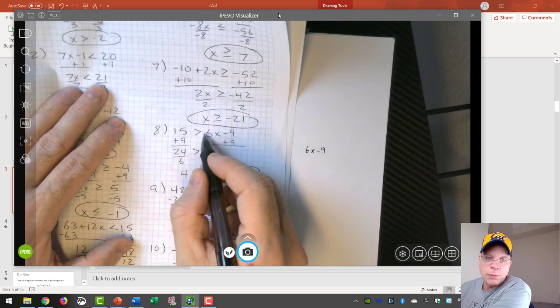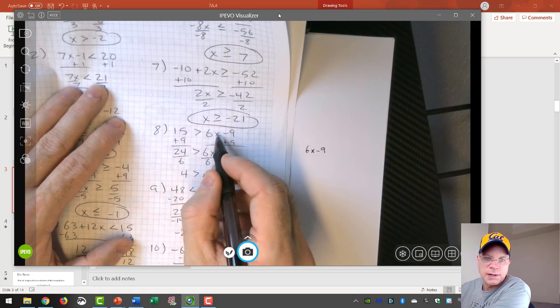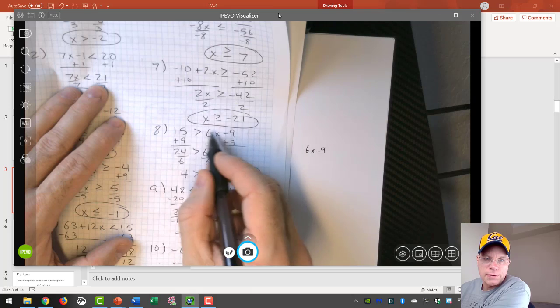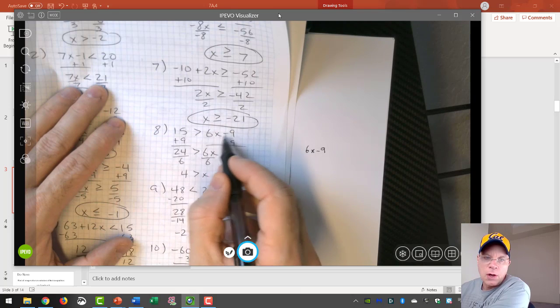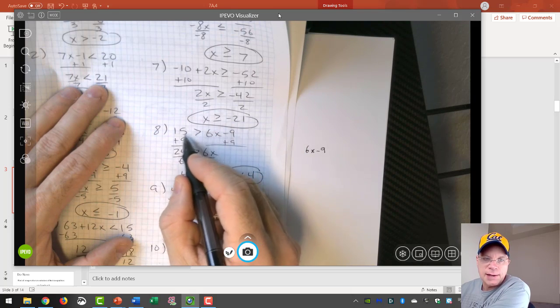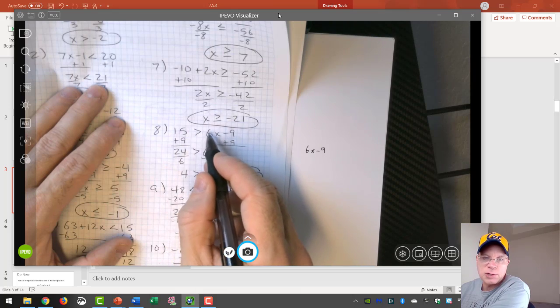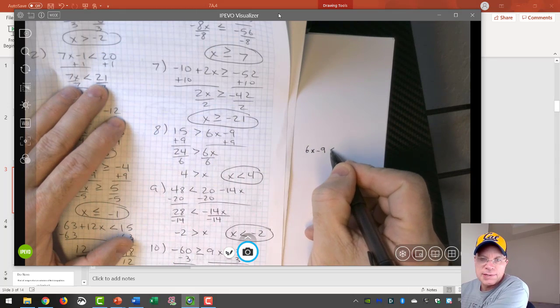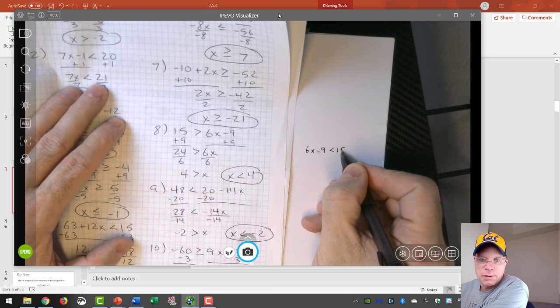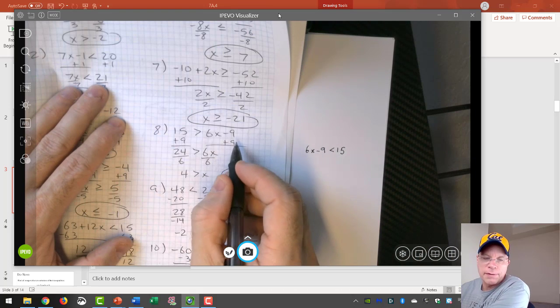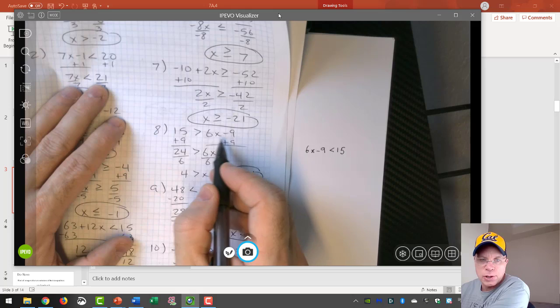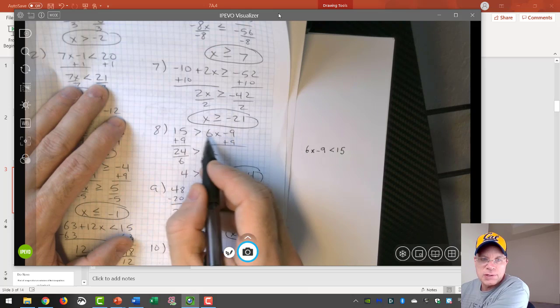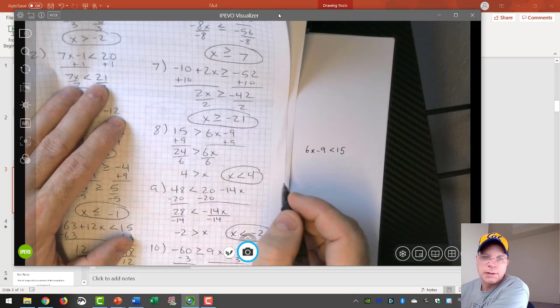But then you imagine if you were comparing this expression to 15, when you look at the original inequality as it's written, wouldn't this expression be less than 15? If 15 is greater than that expression, wouldn't the expression be less than 15? That's how you rewrite it if you want the variable expression on the left side. You just imagine you're reading from right to left, and this expression is less than 15.